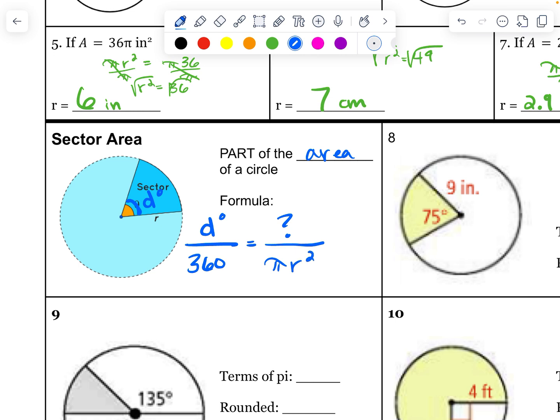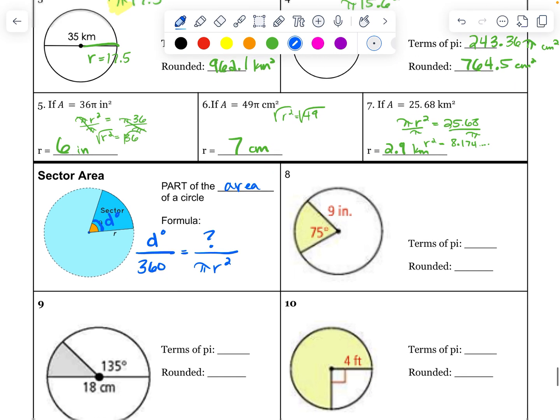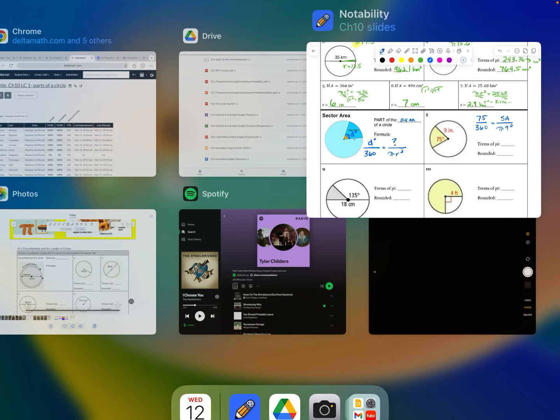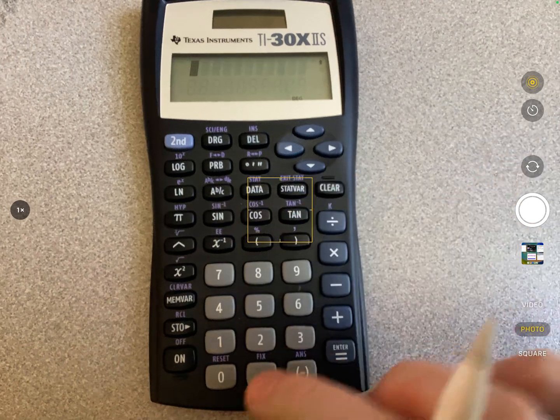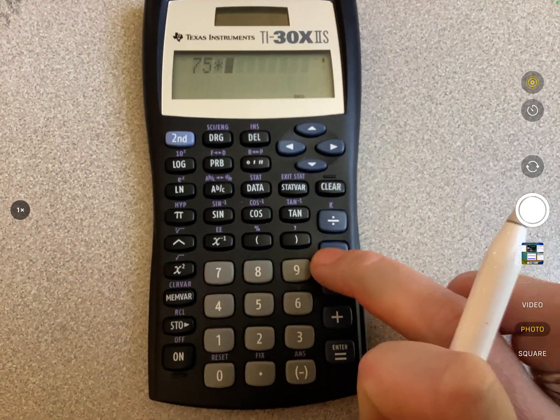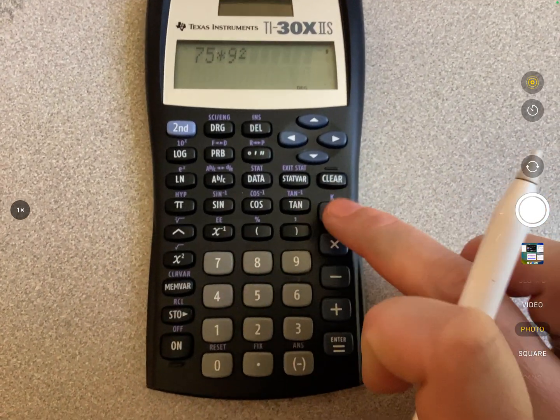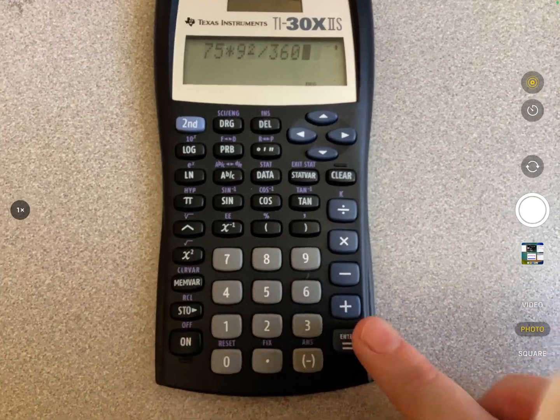So we're going to have to do some calculator magic. Let's see what happens here. So 75 over 360 equals my sector area over pi 9 squared. I want to leave this in terms of pi. So I'm going to go 75 times 9 squared divided by 360.